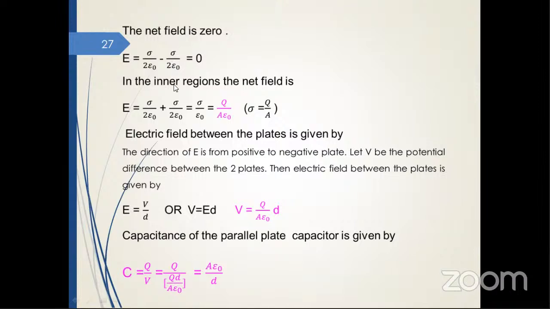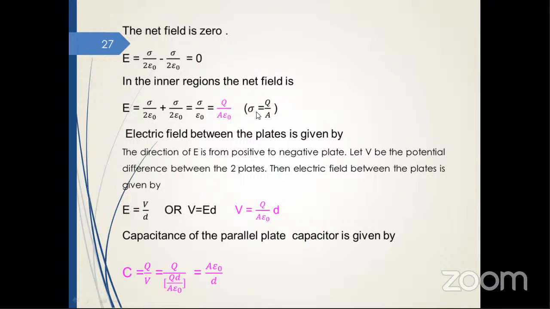Therefore, in the outer region the net field is 0, and in the inner region the fields add. So E is equal to sigma divided by 2 epsilon naught plus sigma divided by 2 epsilon naught, which is equal to 2 sigma divided by 2 epsilon naught. The 2 gets cancelled, and finally we get the equation sigma divided by epsilon naught.